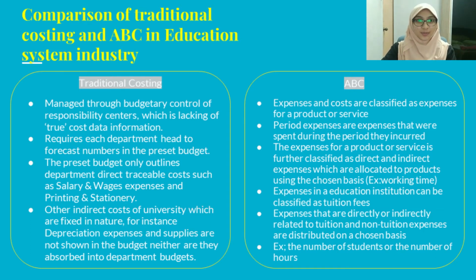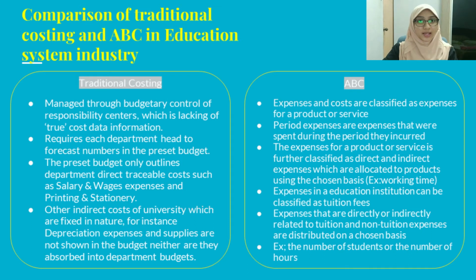Coming to the first subtopic that I would like to present, which is the comparison of traditional costing and ABC in the education system industry. Traditional costing is managed through budgetary control of responsibility centers, which lacks true cost data information. It requires each department head to forecast numbers in the preset budget.